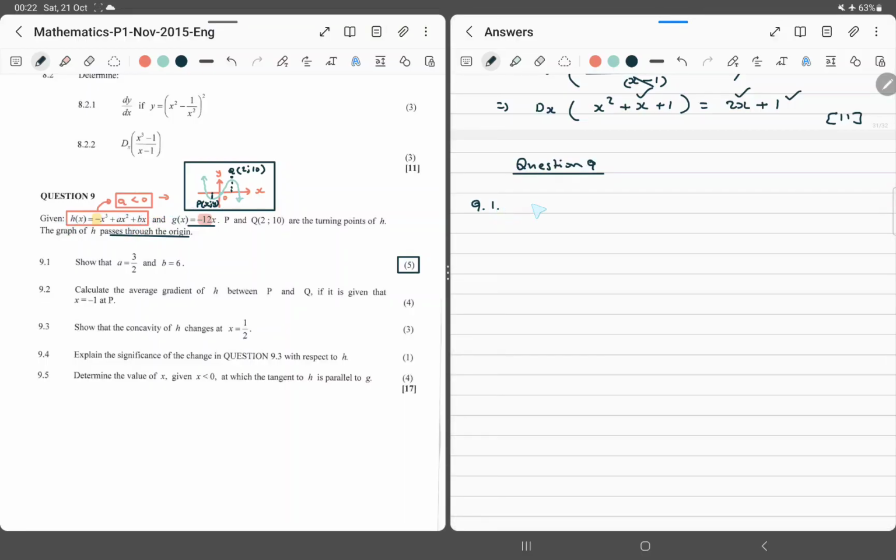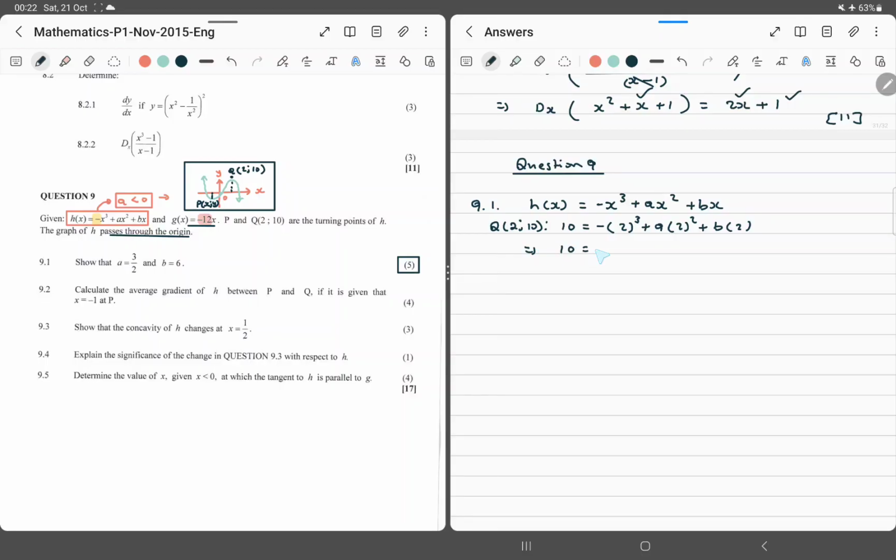For 9.1, we know that h of x is minus x cubed plus ax squared plus bx. Through point q, which is (2, 10), it is such that 10 equals minus 2 cubed plus a times 2 squared plus b times 2.